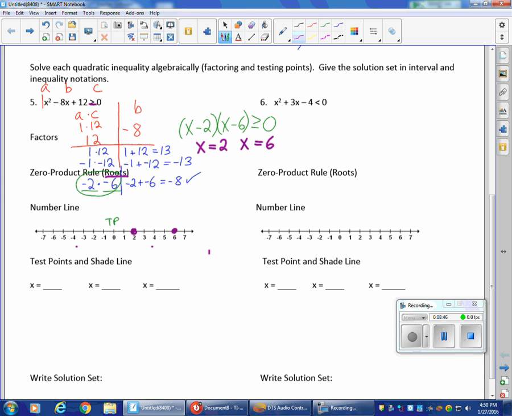So my left side test point is 0. My middle test point doesn't matter, so I'll try 4. And my right side test point, I see 7 there, or 8, 9, 10, and so on. What we're doing is we want to test each one. Is it true?